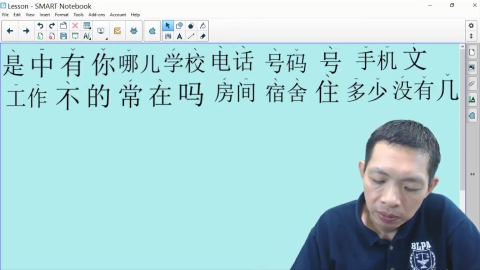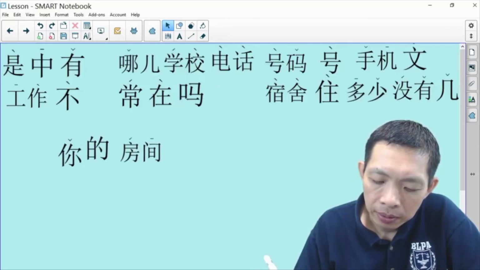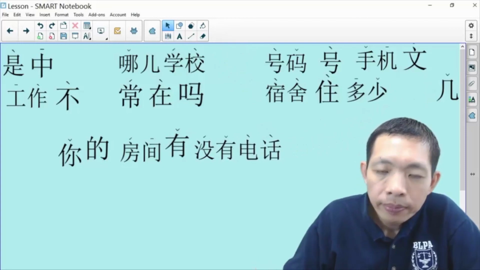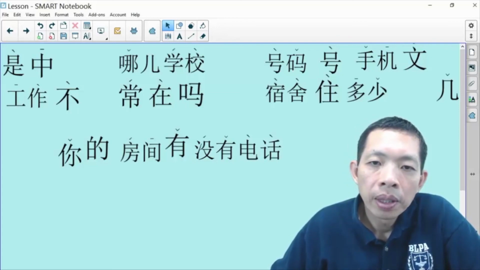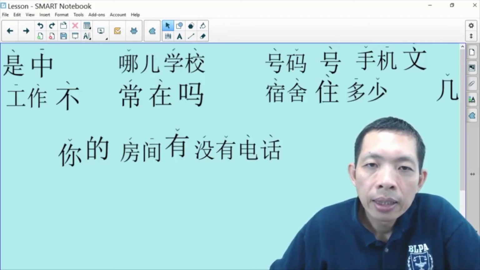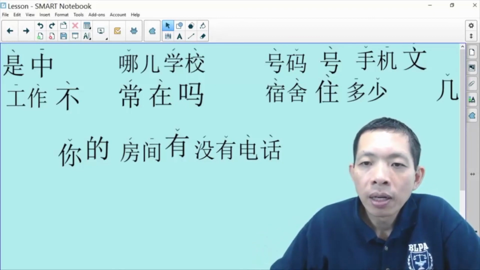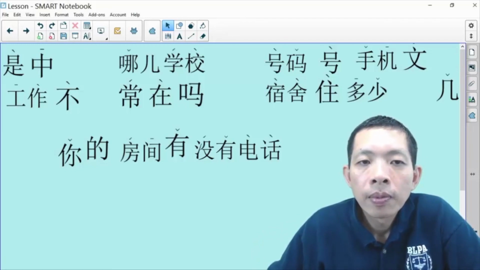So it is 你的房间 A不A, 有没有, and then 电话. 你的房间有没有电话？Don't just know how to put it, say it. If you can say it, then you can put it in the right structure.